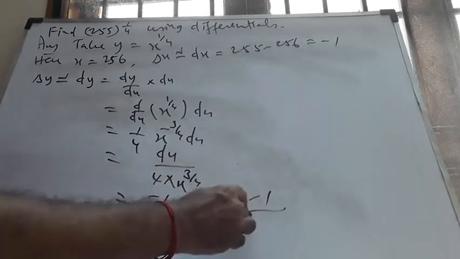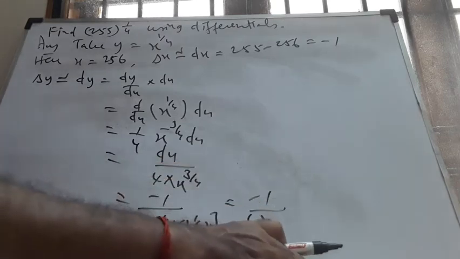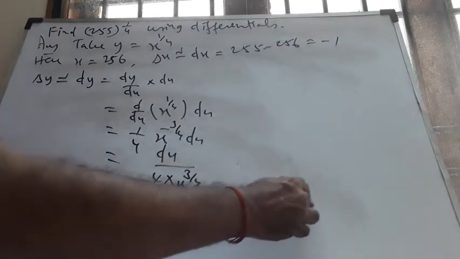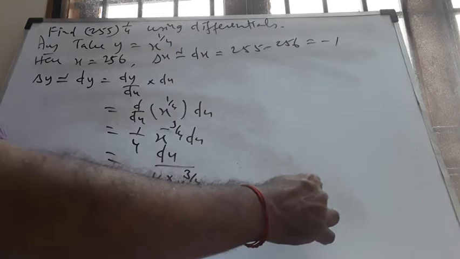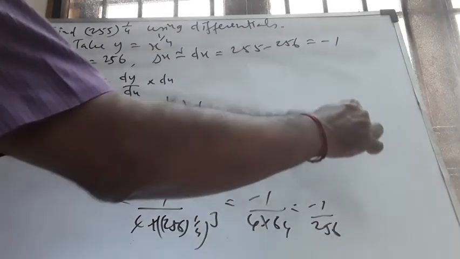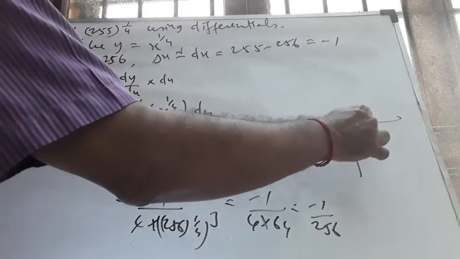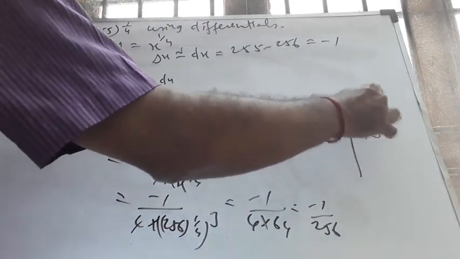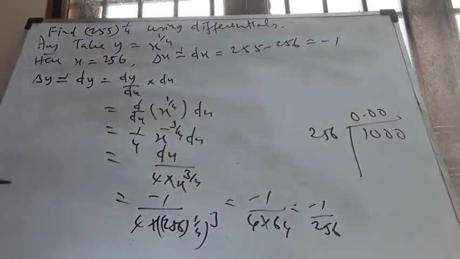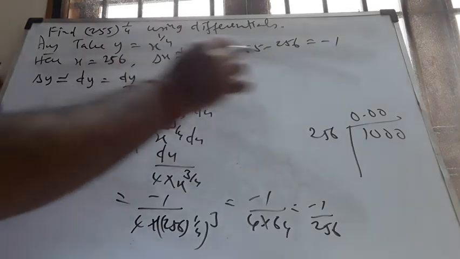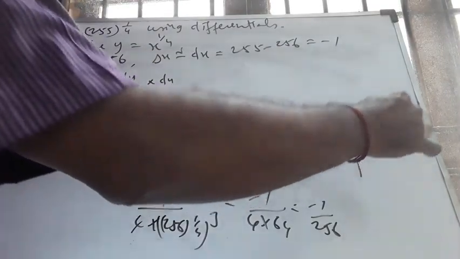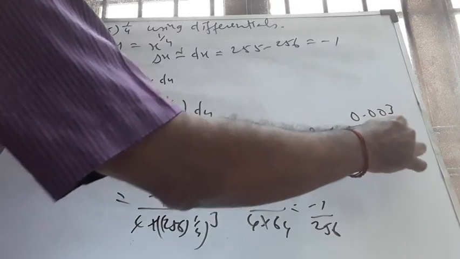Now this is minus 1 by 4 into 64, which is minus 1 by 256. I can just do long division. This is 256, 0, again 0, again 0. Then how many 256 are there in 1000? I'll have 3. Here I'll get 768. You can just multiply.